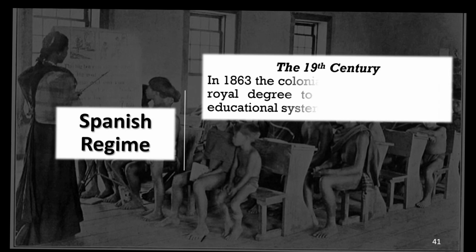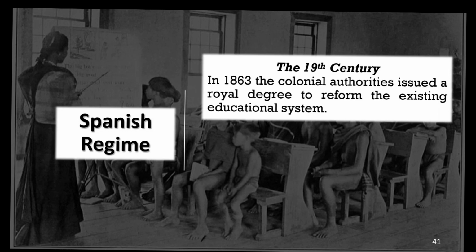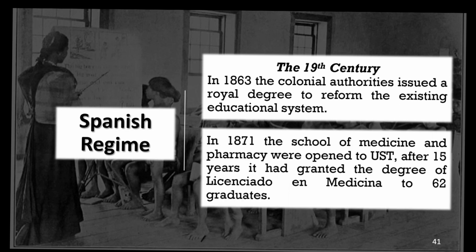Also during the Spanish regime, in the 19th century, colonial authorities issued a royal decree to reform the existing educational system. And then the School of Medicine and Pharmacy was opened in UST. It granted the degree of Licenciado en Medicina to 62 graduates after 15 years.